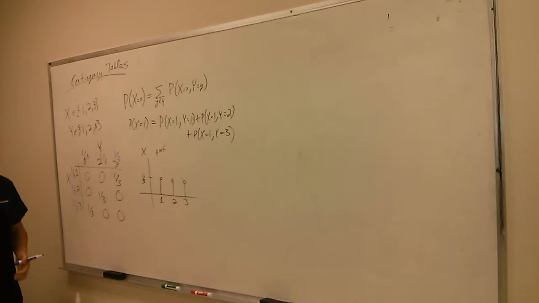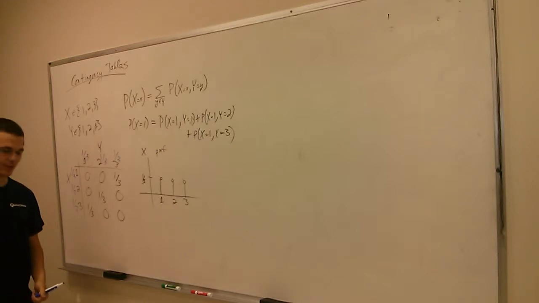So you can think of it in terms of coin flips. Let's say we have 2 coins we're flipping, right? We have a random variable for one coin. Let's call that x. We have a random variable for the other coin. This is separate from this case. Let's call that y. And 1 means heads, 0 means tails. So x taking on 1 means the x coin flip came up heads, right?